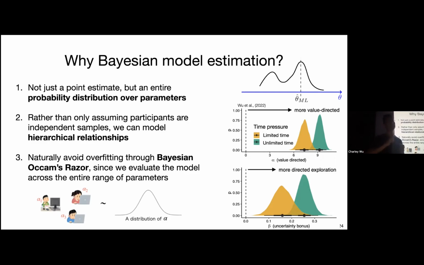The same subject did this task with time pressure and without time pressure. And what we can model is how that changes people's parameter values. So we have this value directness parameter and an uncertainty bonus parameter. And we can model how this changes within each individual. Now, individuals have a lot of variability, but we can show that within each individual, we have reliable changes in these parameters, okay?